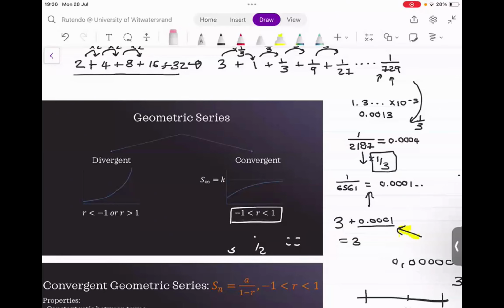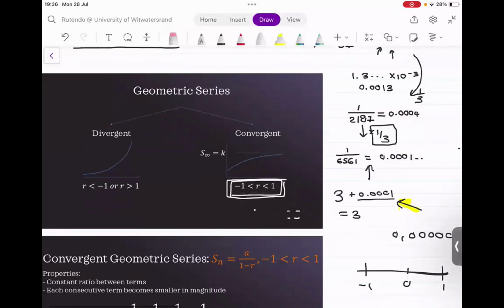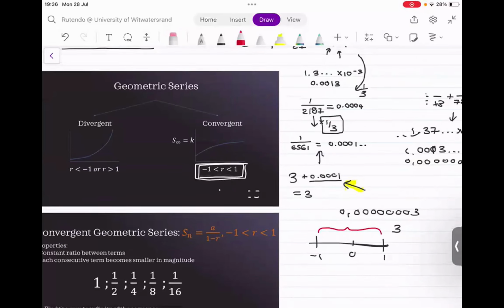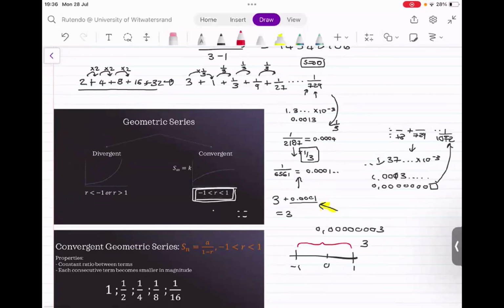And the way that you can tell if a series is going to converge, you don't have to keep adding numbers one after the other, is if you see that your R is between -1 and 1. That's how you know that your series is going to converge. Okay, does that make sense? Okay.